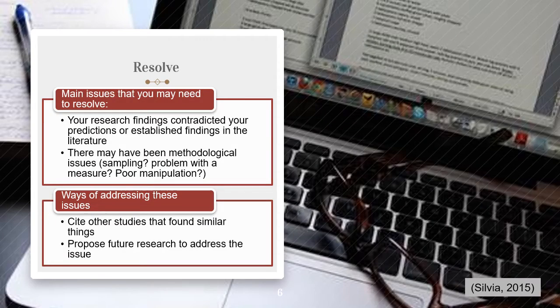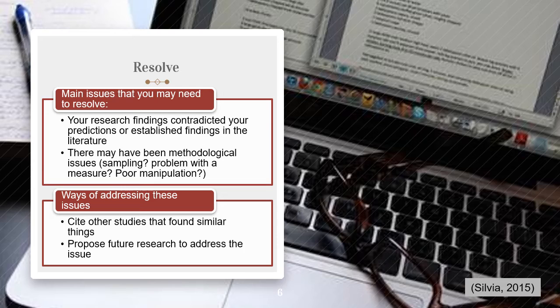The next essential element of your study is resolving anything that might have been unexpected or that happened in your study. There are 2 main types of issues that you might address. One is that your findings might have contradicted predictions or established findings in the field. Alternately, there might have been methodological issues that came up. For example, were you unable to recruit?